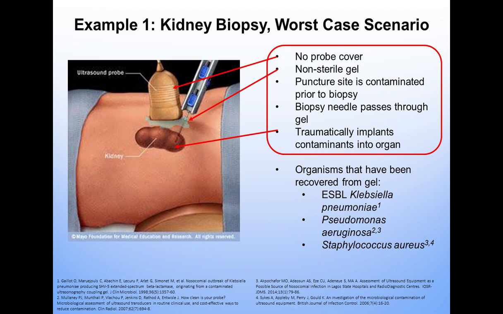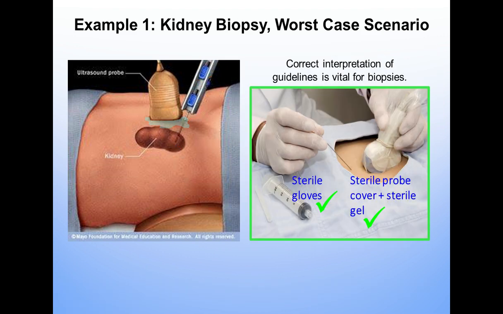The biopsy needle then passes through the gel and traumatically implants contaminants into a person's organ. And we know from a number of studies that various microorganisms have been isolated from gel, things like extended spectrum beta-lactamase expressing Klebsiella pneumoniae, Pseudomonas aeruginosa, Staphylococcus aureus, and we'll talk in a moment about some recent outbreaks in this area.